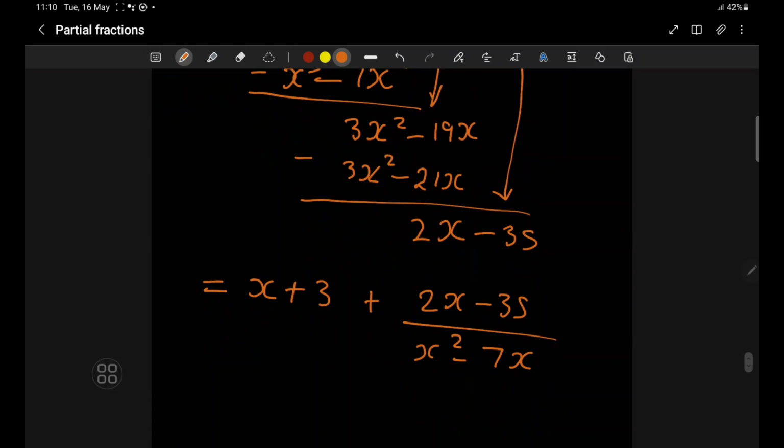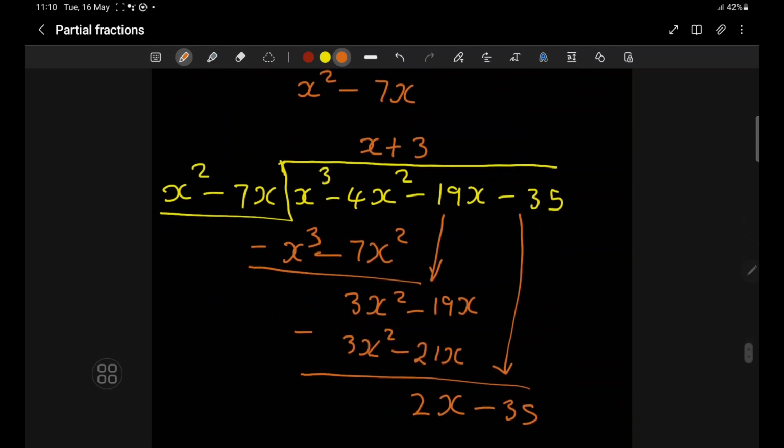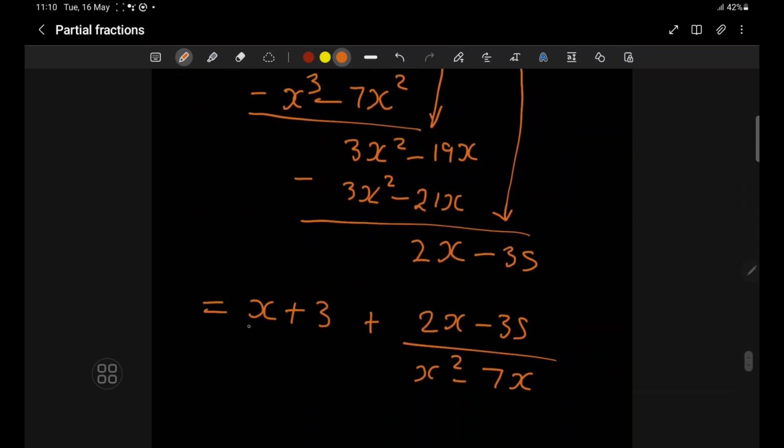So first of all, when you get an expression where the numerator has a high exponent, you do the long division. The answer that you get and the remainder, you put in this format. This is the answer and this is the remainder. The remainder will be divided by what you had as your denominator.